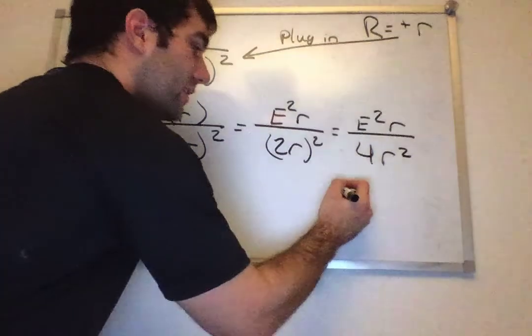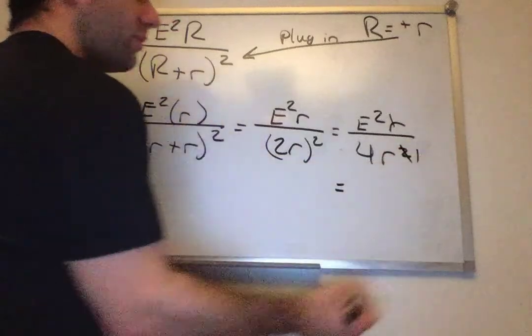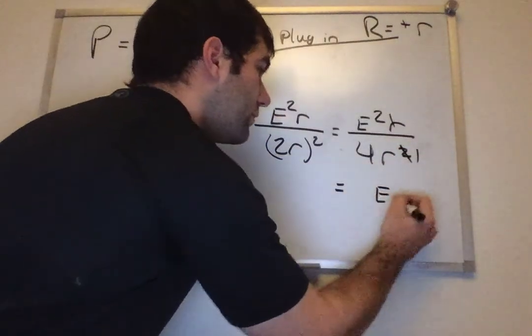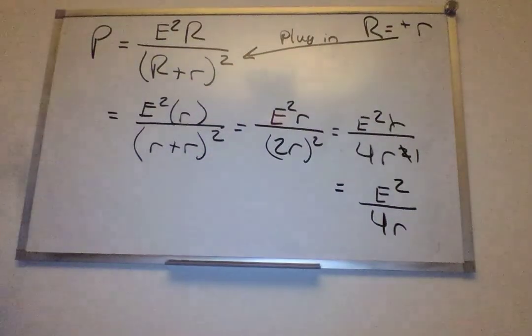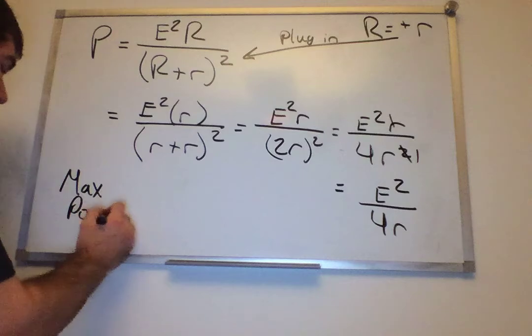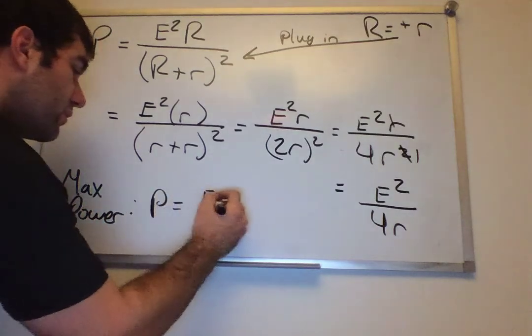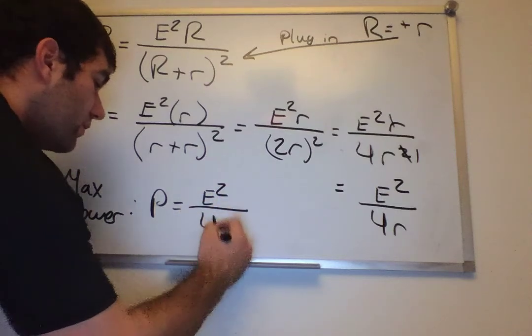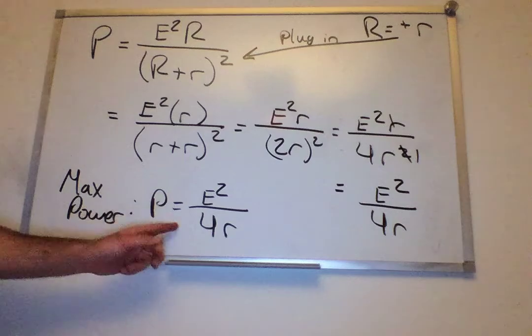And then lastly, the r there and r there will cancel. E squared over 4r. So now we have a max power of P is equal to E squared over 4 little r. Here's our final answer right there.